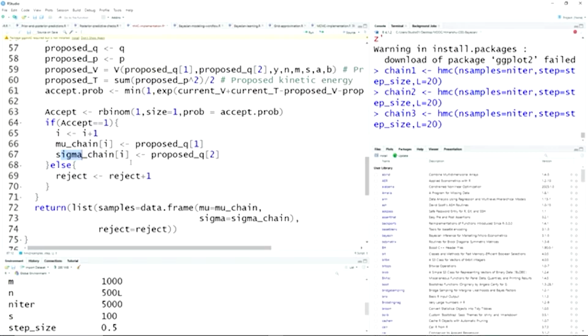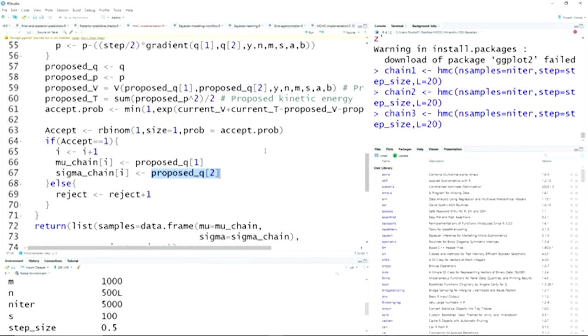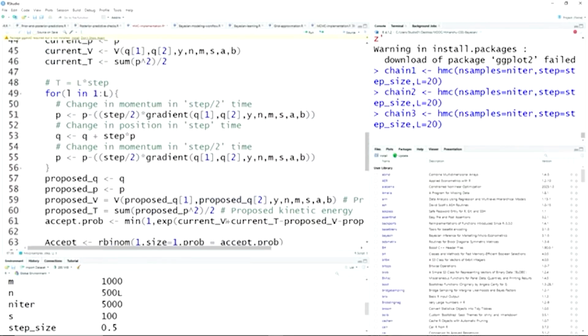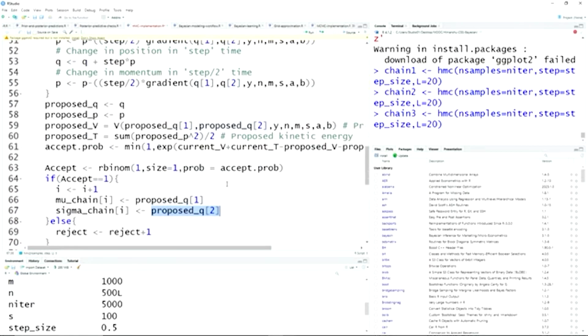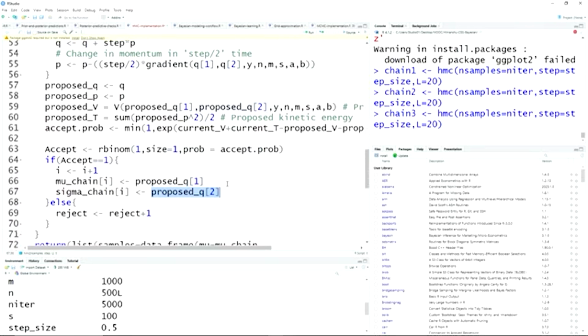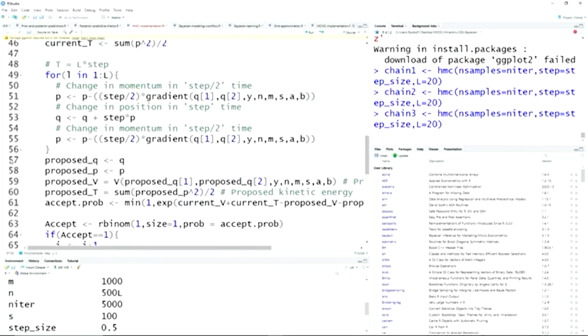So if during proposal generation the proposed position of sigma turns out to be less than 0, then your sampler will break, right? So you have to ensure that sigma never goes below 0, otherwise the sampler breaks. You will see later on in BRMS as well, it becomes very important to specify constraints on your parameter space.